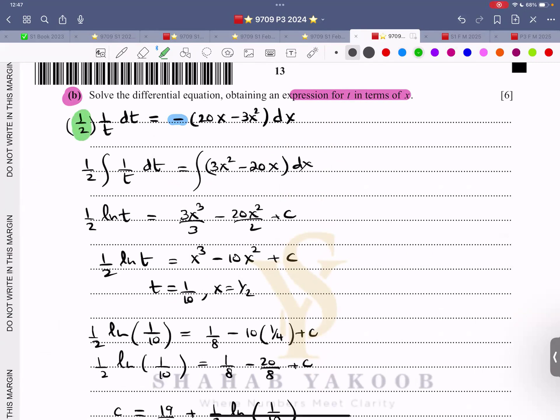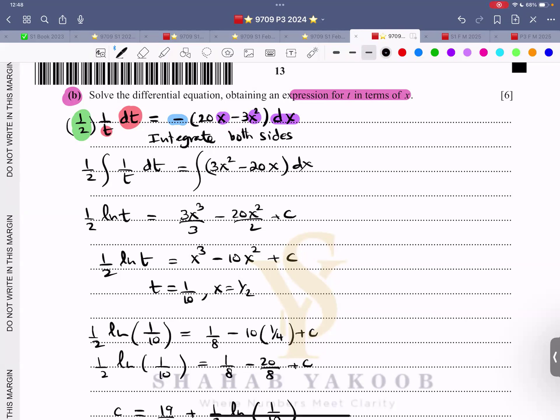And then also double check. There is dt. There is 1 over t. And then there is, let me choose the purple color, the x term, the dx. First write it. Then write the statement, integrate both sides.